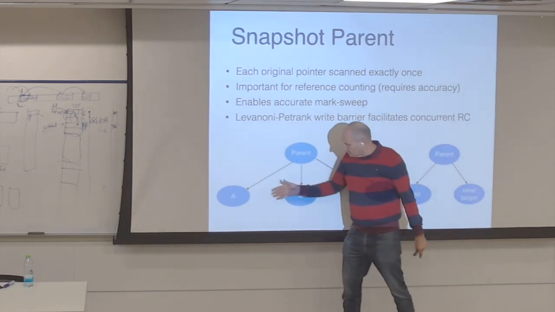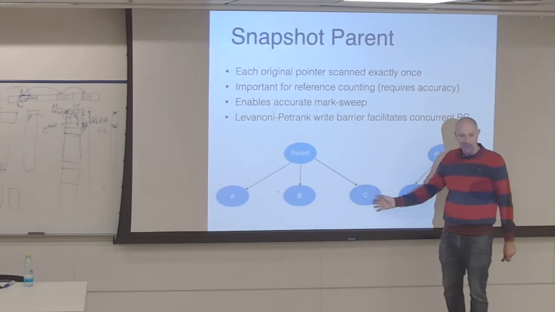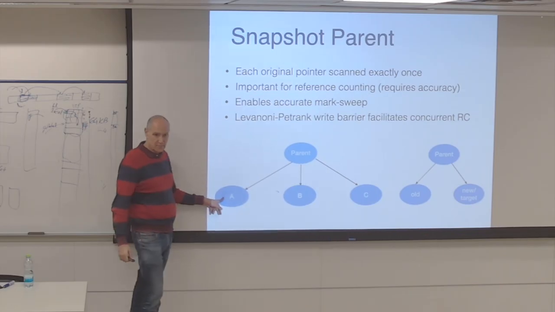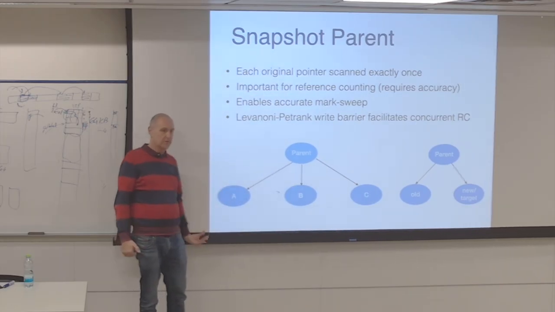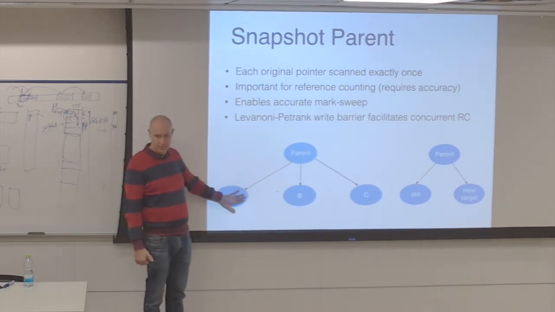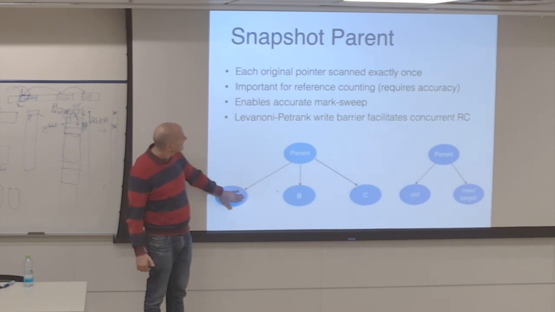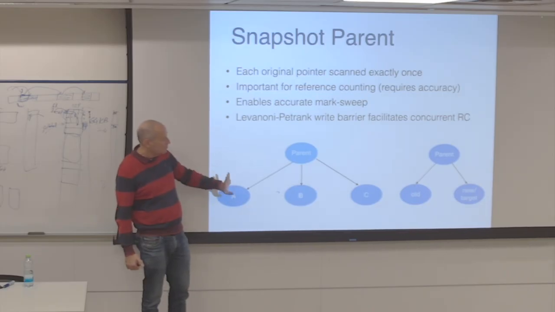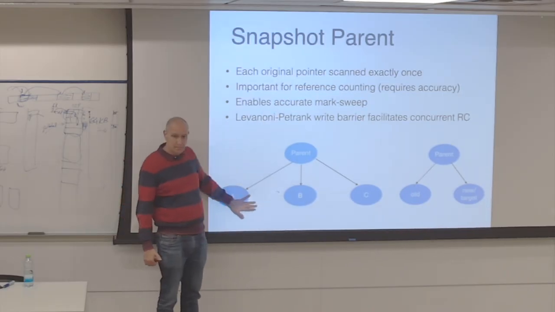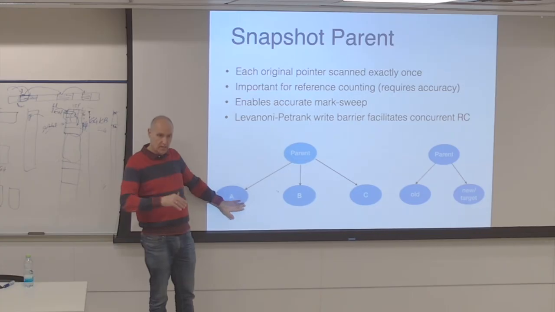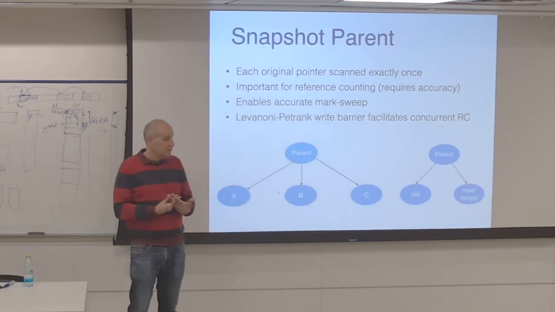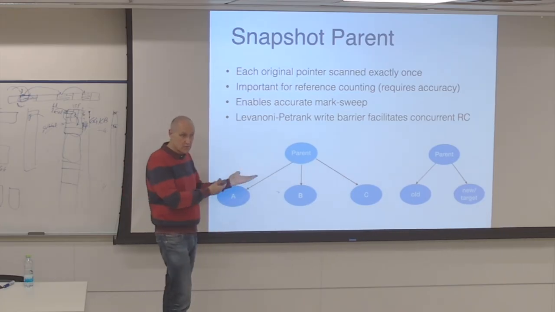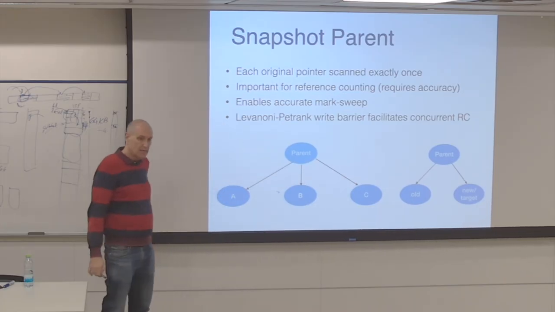And if it changes a lot of times during the collection, you're always going to have the first one that was in the snapshot. So you can really traverse the heap as if you're looking at it at snapshot time in the beginning. This is called snapshot at the beginning. And this allows accurate mark sweep at the snapshot time and also allows doing concurrent reference counting using this write barrier.